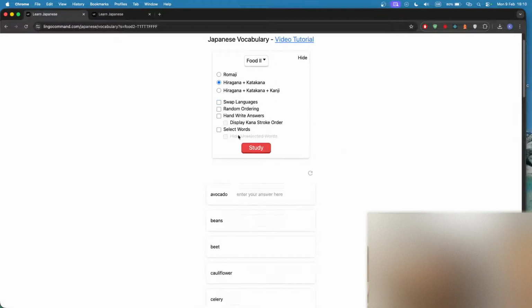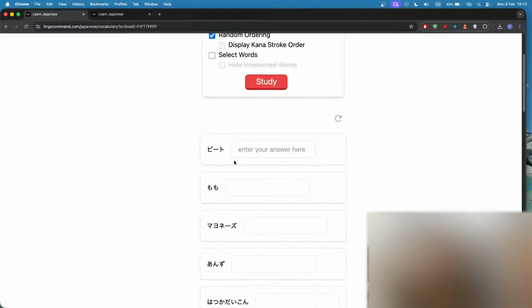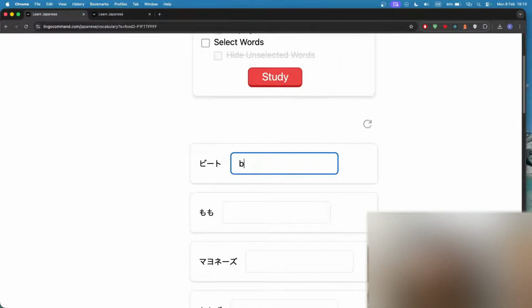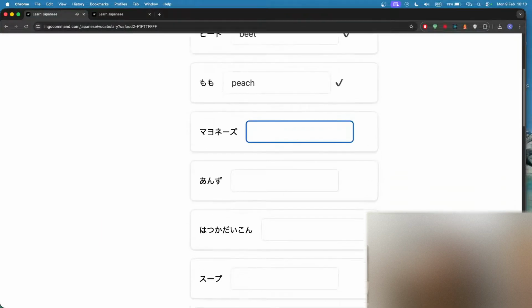So let's do the whole quiz, see how this goes. So we're gonna swap the languages and apply random ordering. And this is beet. Beet is beet. Momo is a peach.